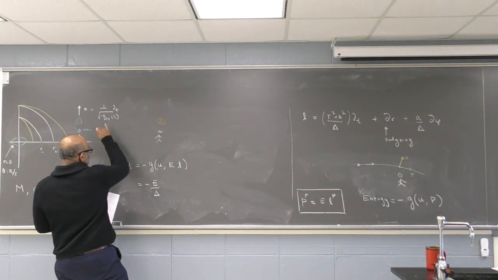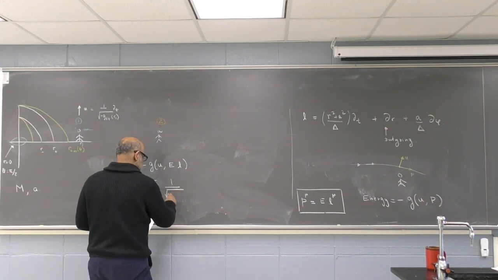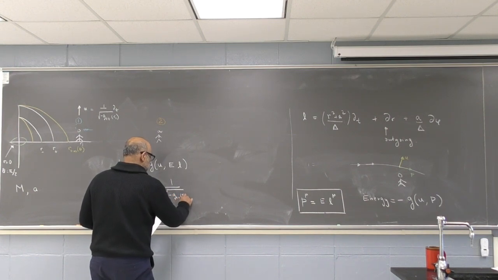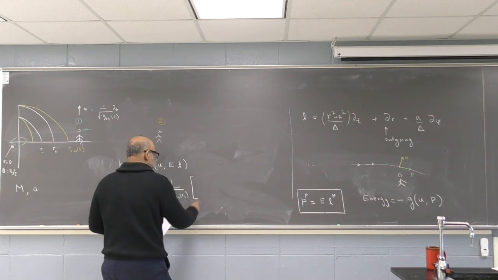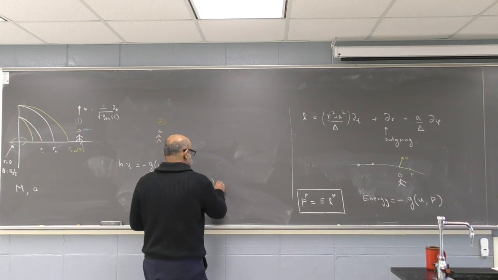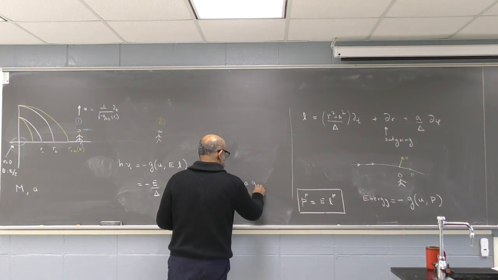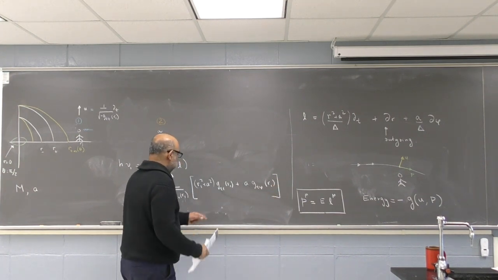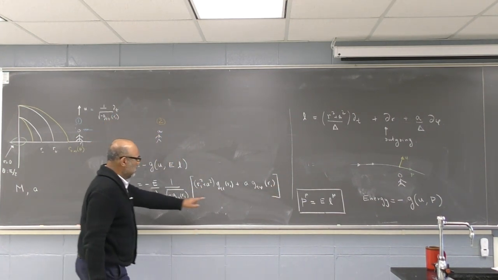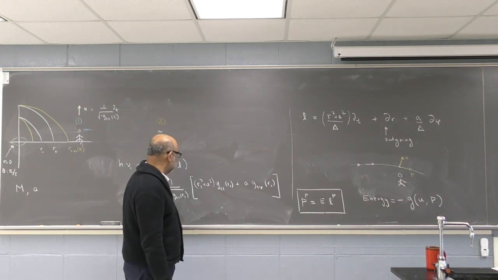And this factor comes out, 1 over minus g tt at r1, and it's r1 squared plus a squared g tt at r1 plus a g t phi at r1. Again, this is because u has a time component, so the tt component comes here, and the metric has a t phi component, and that comes here.